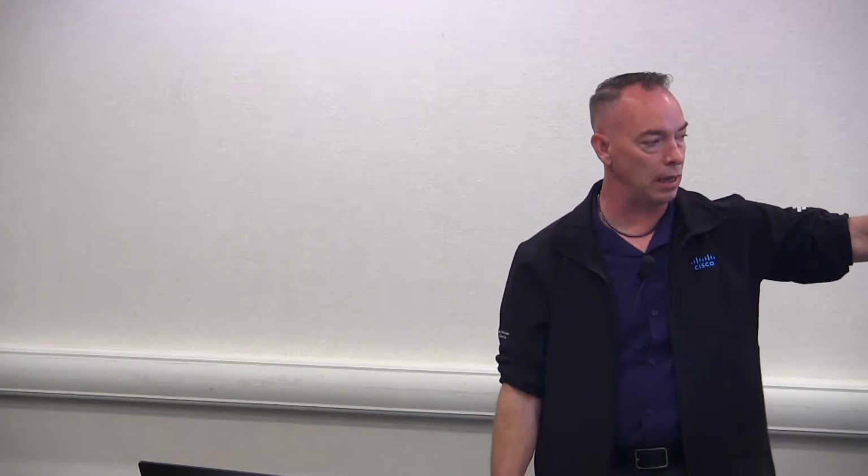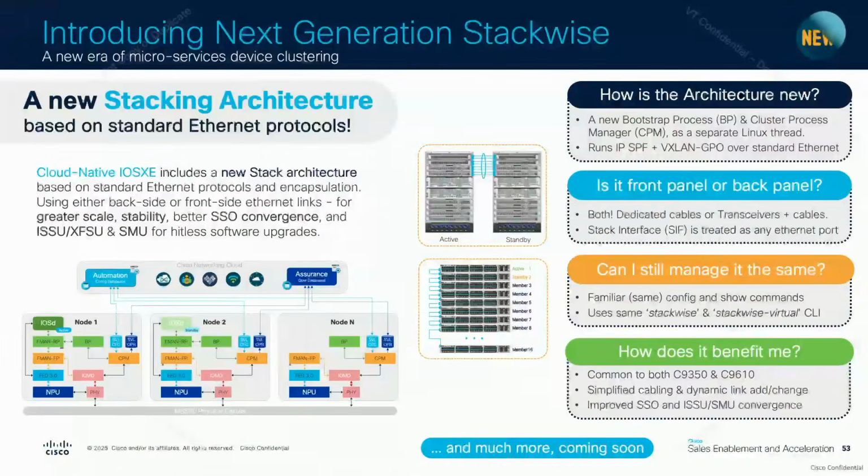But then extending that natively into a stacking environment. So like I said, it's a lot of different pieces in there, but it's the normal pieces of ISSU. I'm going to upgrade the software, minimize the hit to any one member of the stack. And then because of this cluster manager, even if this goes away, the cluster itself never changes. So I don't have to do a full reboot. It doesn't go away.